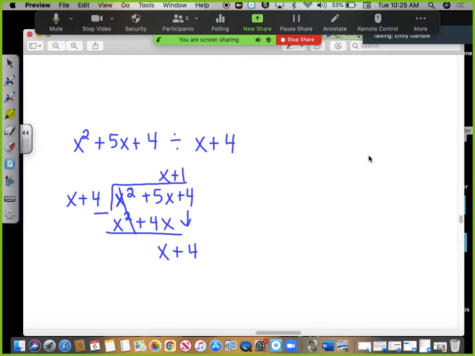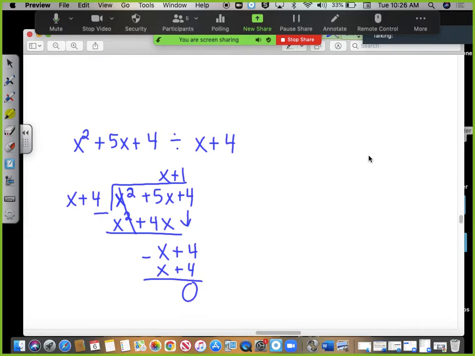And we multiply 1 times x, and then 1 times 4. 1 times x is x, and 1 times 4 is 4. We subtract, and these are all working out really nicely because they all cancel out. X plus 4 minus x plus 4, or x minus x is 0, 4 minus 4 is 0.